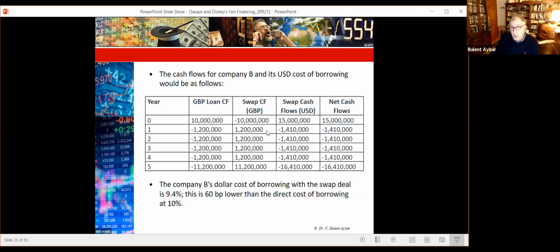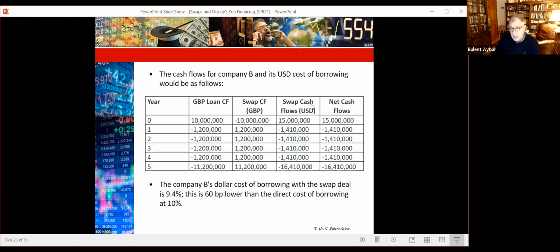In the swap deal also, company B is going to initially receive a 15 million payment in exchange for the 10 million payment that company B is going to make to the swap dealer. So it will receive a $15 million payment, and on the 15 million US dollars, it will pay 9.4% interest periodically, plus the 15 million principal at the end of maturity.